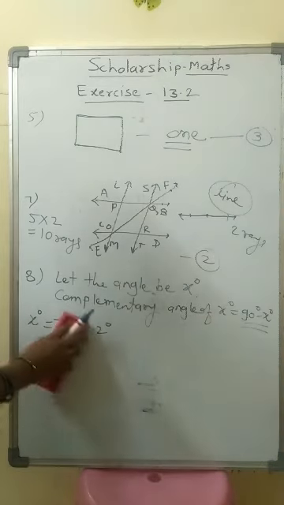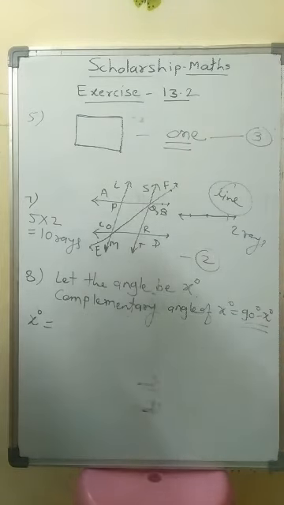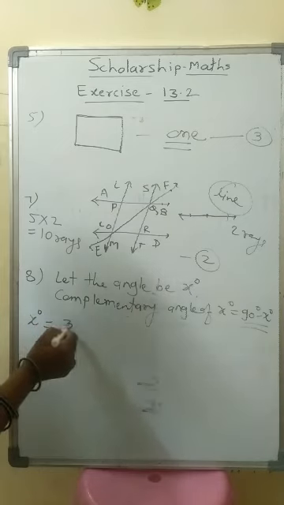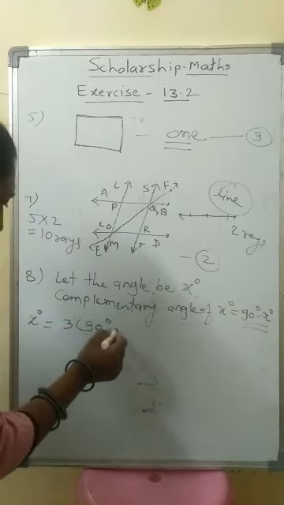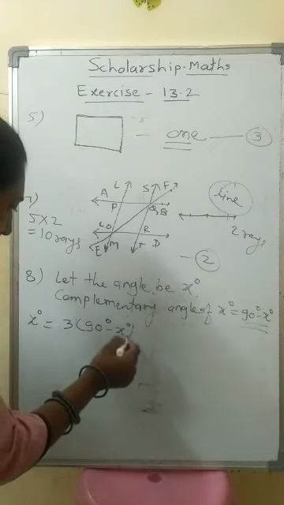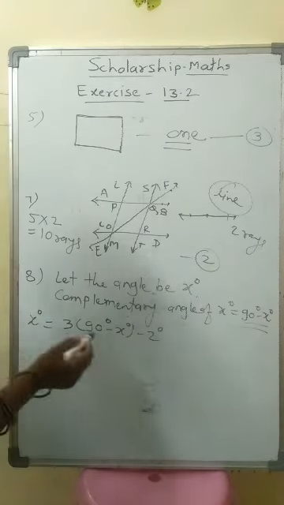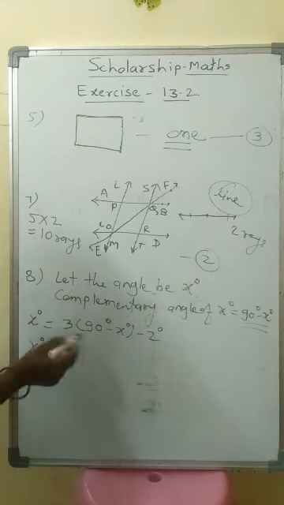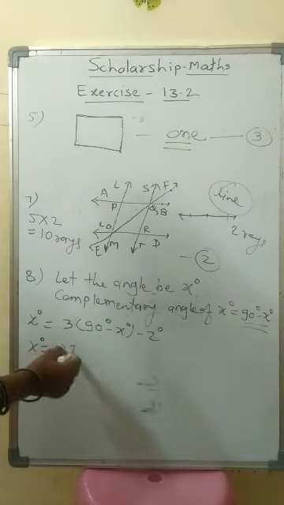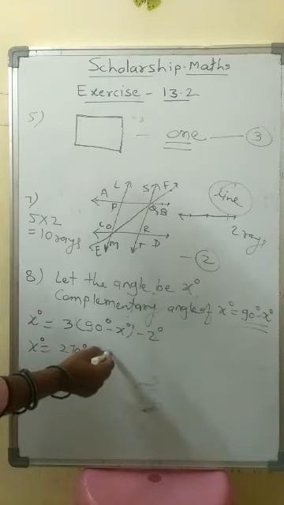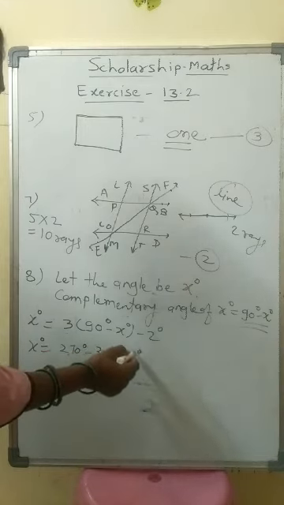Okay, we write it in bigger words also because of space reasons: minus 2 degree. So on this bracket, x degree equals 3 multiplied into this bracket, 3 nines are 270 minus 3x degree, minus 2 degree.